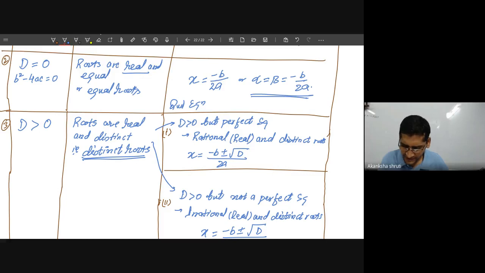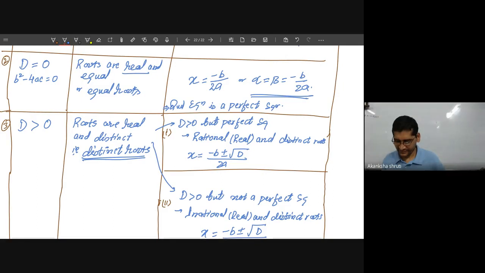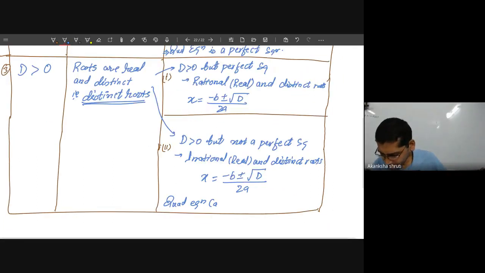So the quadratic equation is a perfect square. In this case, the quadratic equation cannot be a perfect square.